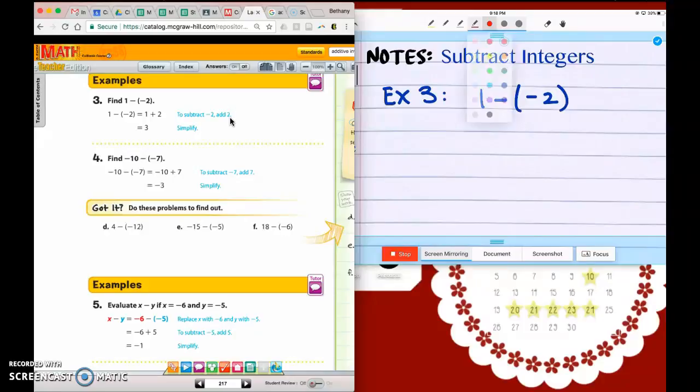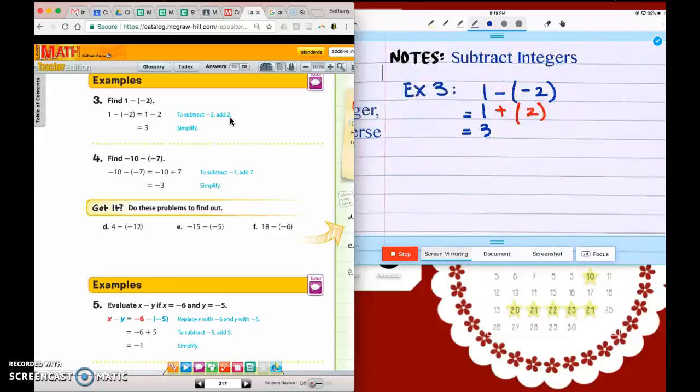So I'm going to rewrite it as 1, and instead of subtracting, I'm going to add the additive inverse, which would be a positive 2, right? So now I have 1 plus 2, and 1 plus 2 will equal 3.